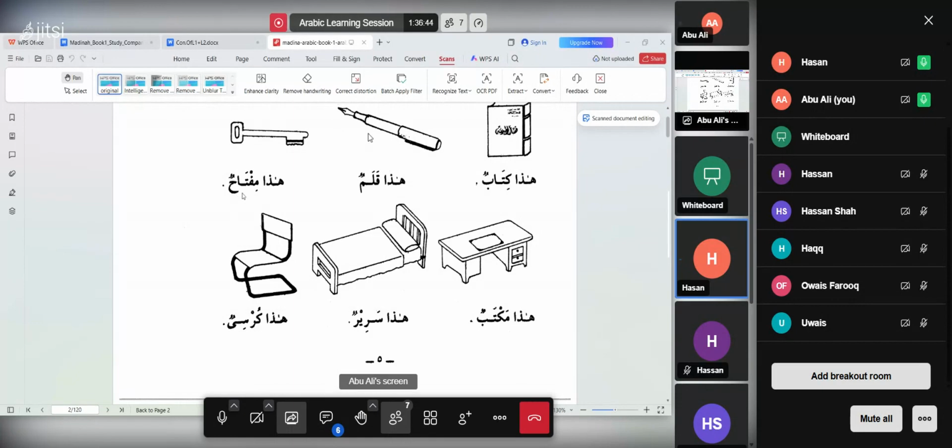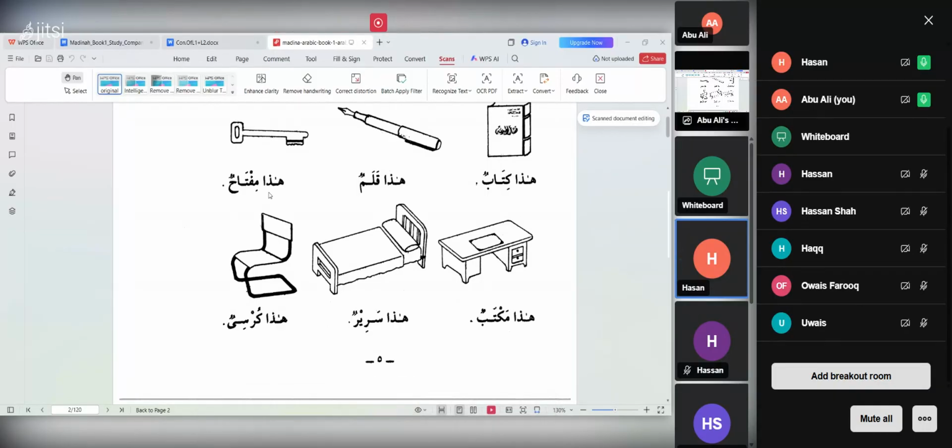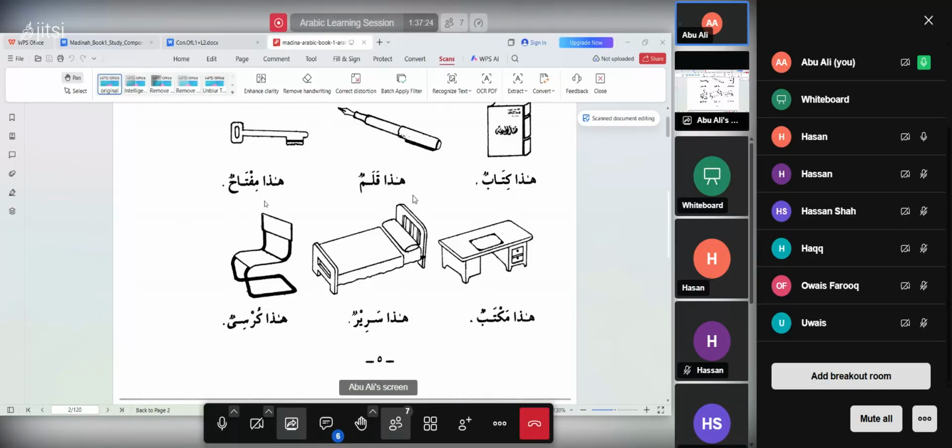هذا مفتاح. Which one is the mubtada and which one is the khabar? Mubtada is هذا, and the other one, miftahun, is the khabar, the predicate, which is usually indefinite, while the subject, the mubtada, is usually definite.